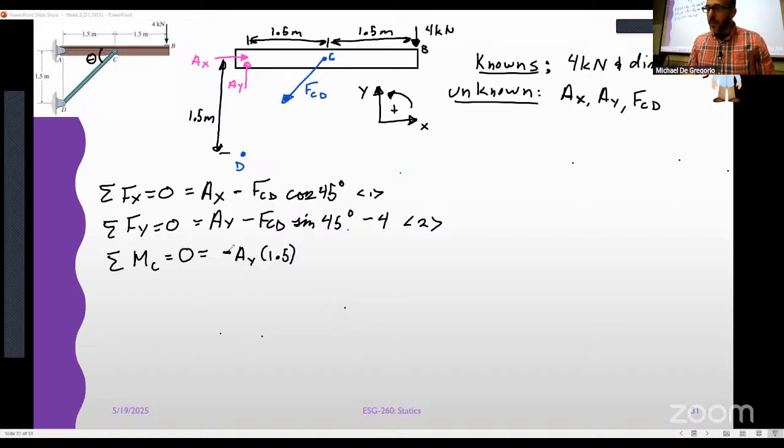Then we have one more force that we have to worry about, which is the 4 kilonewton force. What is the moment due to the 4 kilonewton force? How would I calculate it? Don't worry about positive or negative. How do I find a moment in general?